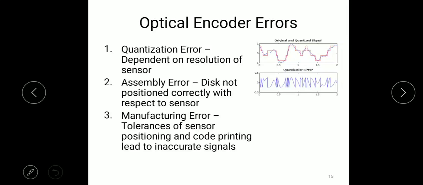While manufacturing, the tolerance of the sensor should be minimized, and the position and code printing should be taken care of to avoid such errors.